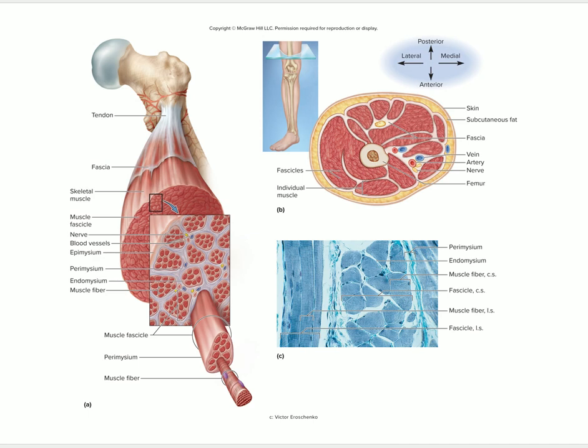And then the epimysium, that is the outermost layer. It covers the entire muscle and it attaches the muscle to the surrounding structures like bones or tendons. So that's just a quick look at different layers of connective tissue and what all of the definitions there are.